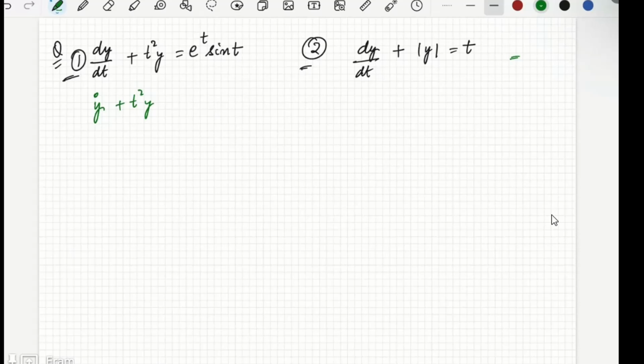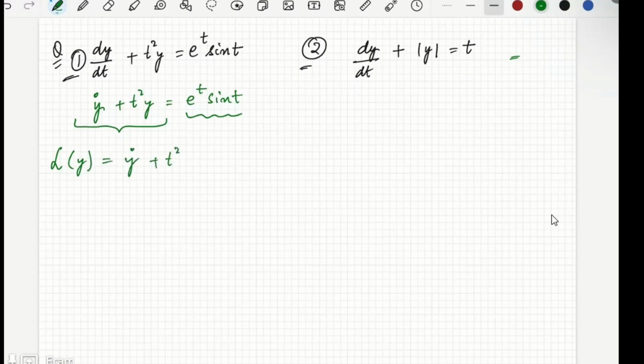So what we will do is write our ODE in simple form like this, and then take everything which is a function of the dependent variable. The right hand term is independent of the dependent variable, so we ignore it, and we find an operator L which acts on y, and in our case it is y dot plus t square y.